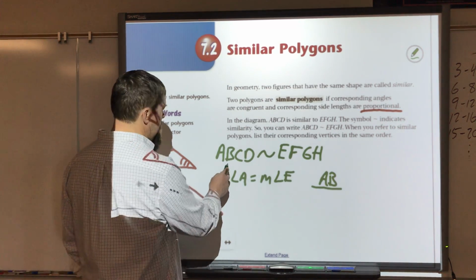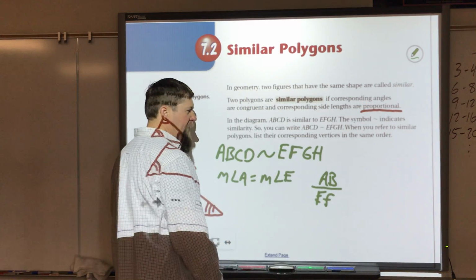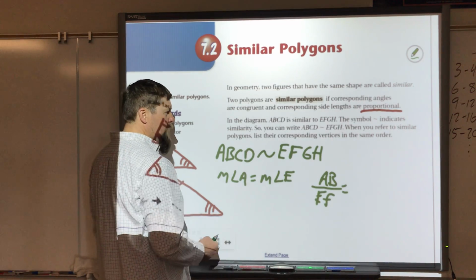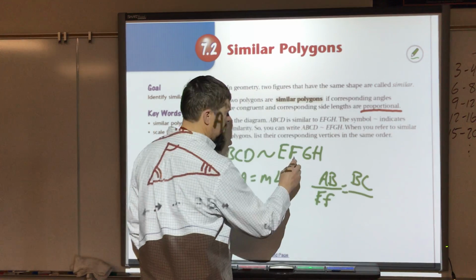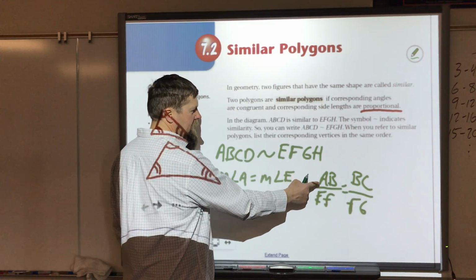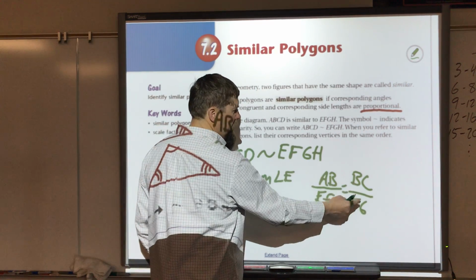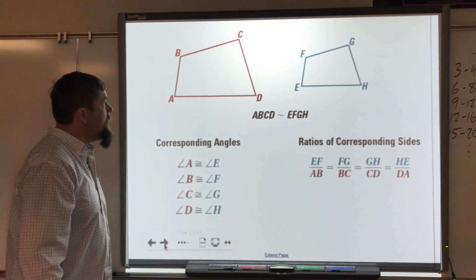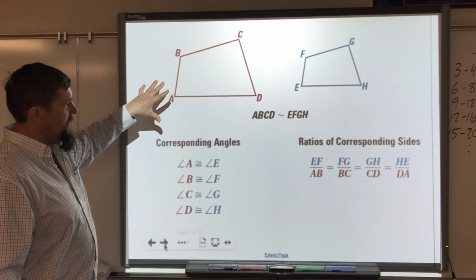If AB is compared to EF, that should be the same ratio or proportion as BC is to FG. So the side AB compares to EF the same as BC compares to FG. Here are the two quadrilaterals we were just talking about.